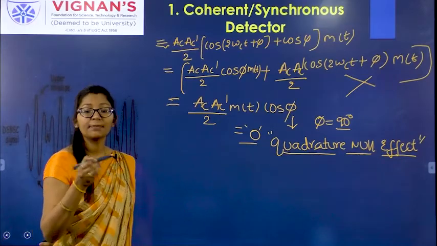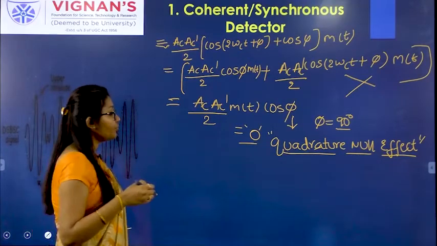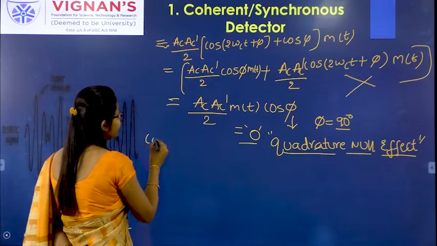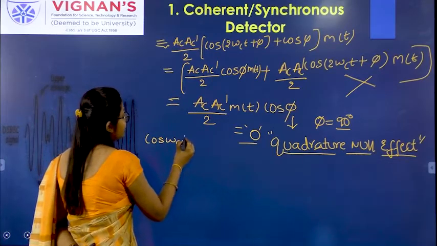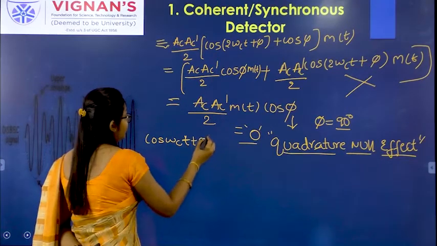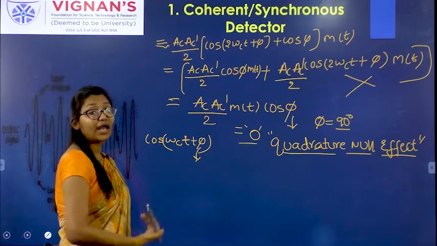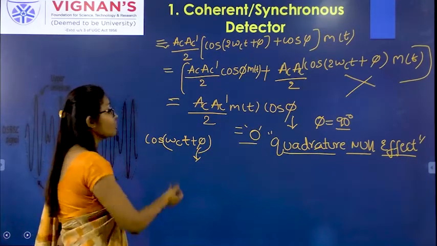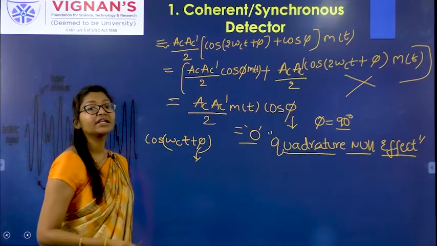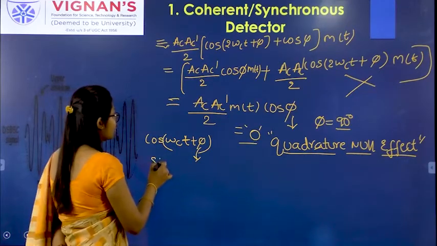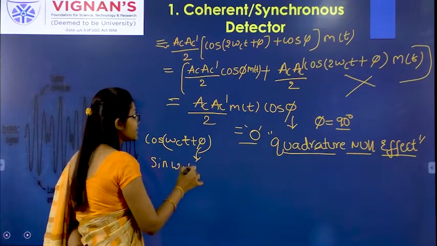I am taking some phase error phi. When I take phi as 90 degrees, what does your carrier become? Cos of 90 plus theta means sin theta. So you finally get sin omega ct.